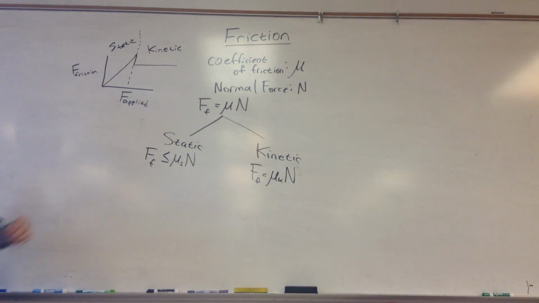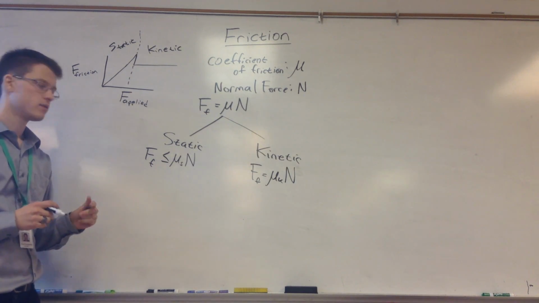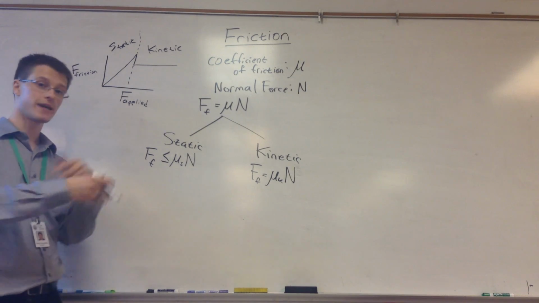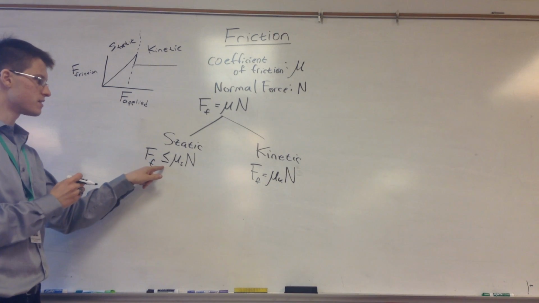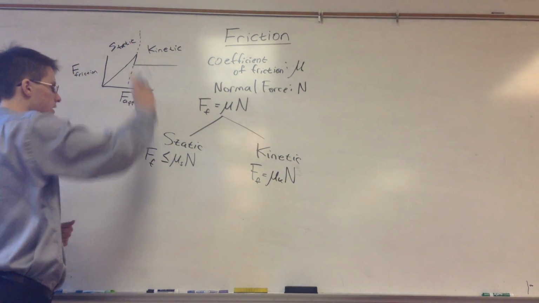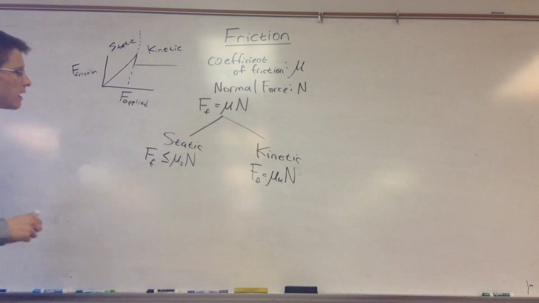Those are the two types of friction and how you will write them. A lot of times in problems you'll be asked about the maximum value such that an object doesn't move: the maximum value of mass, the maximum amount of force you can pull without an object moving. In that case you can just set these equal, because the maximum amount is mu s times the normal force, right? It's not anywhere less than that.